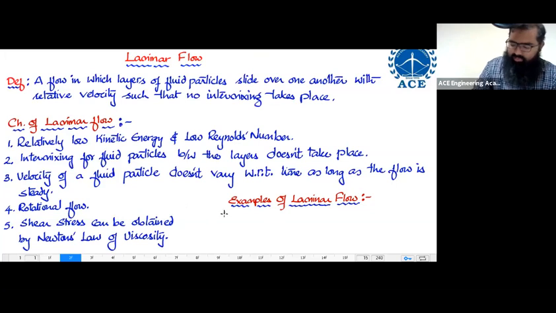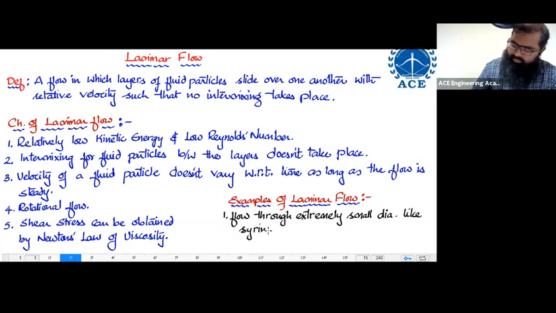The first example I'm going to mention over here is flow through extremely small diameters, like syringe needles, capillary tubes, etc. Apart from this, you can take flow of extremely viscous fluids.